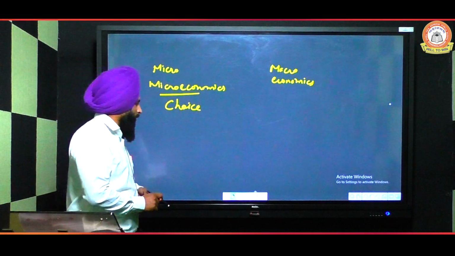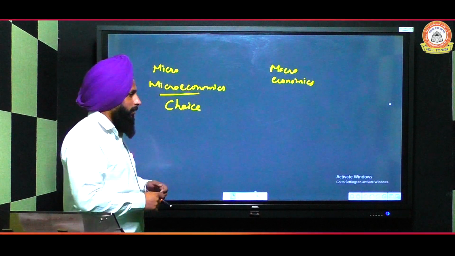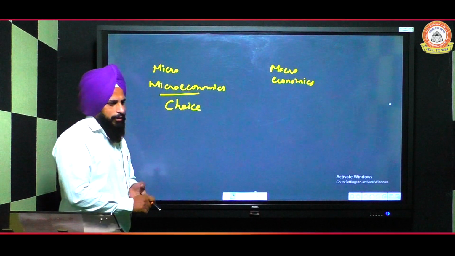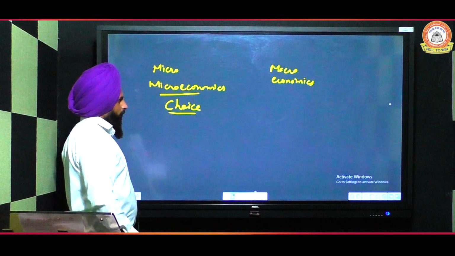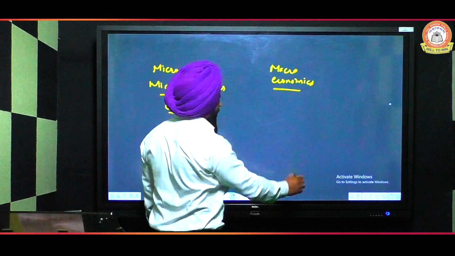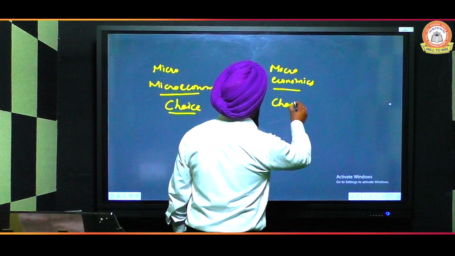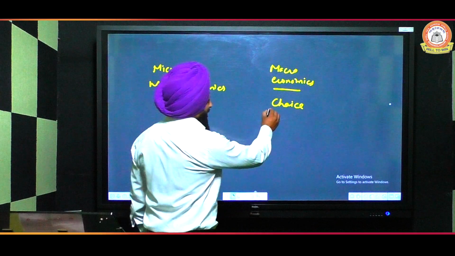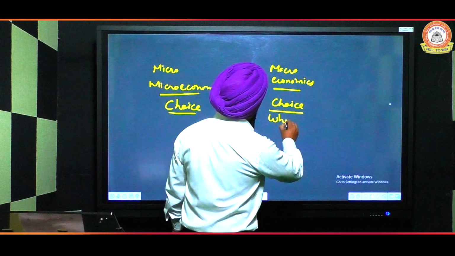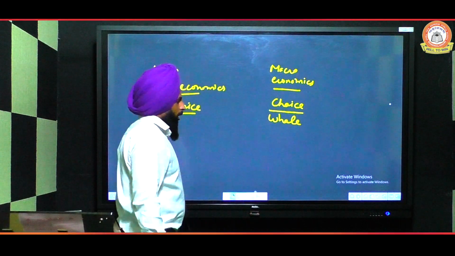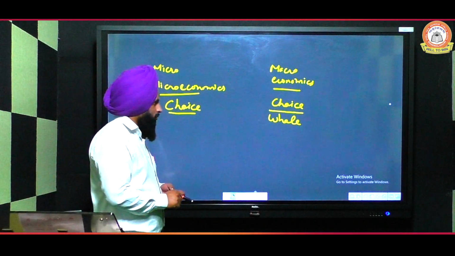Like in the 11th class we studied utility and the indifference curve. These two concepts describe the choice of an individual or a firm. Then in macro we also discuss choice, but this choice deals not with an individual but with the whole economy, meaning how a country uses resources for the welfare of its nation.